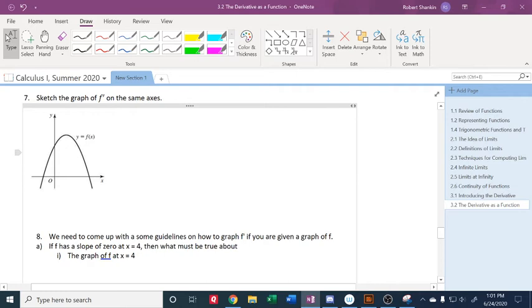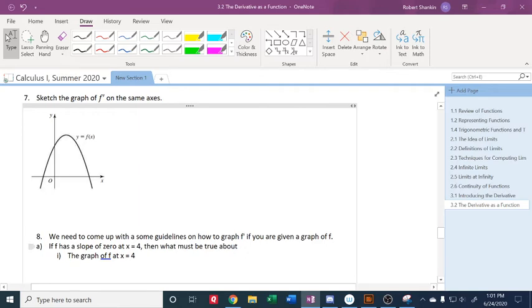to sketch the graph, we're going to jump to number 8. We need to come up with some guidelines on how to graph f prime if you're given a graph of f. And so I have some questions here.